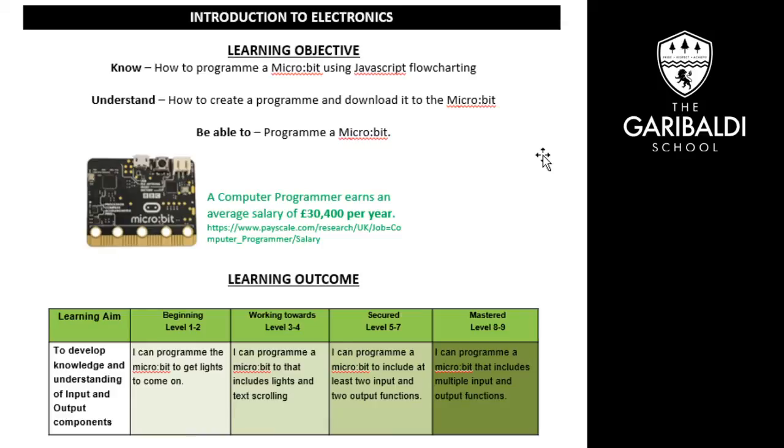Now, for those of you who do IT or computing, I'm sure that Mr. Chatton or Mr. Connolly has already put up some videos with regards to how you can program. They may use Python. Well, for our course, for the GCSE section in DT, we don't necessarily need to go into that level of detail. Obviously, if you do that in IT or computer science, you'll have a real significant challenge and you'll find this to be a bit of a walk in the park, to be fair.